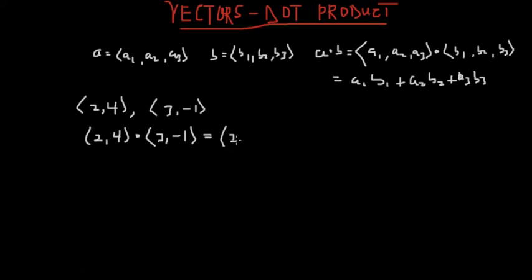We have 2, 4, dot 3, minus 1. So we have 2 times 3, plus 4 times minus 1, and the entire of this one will give us 2 as the answer.